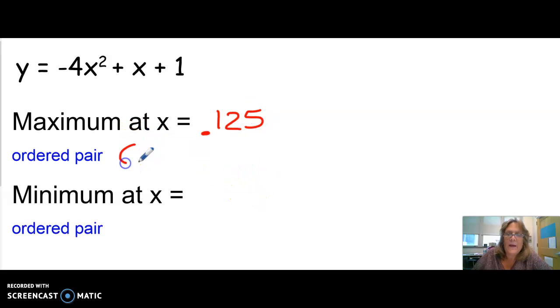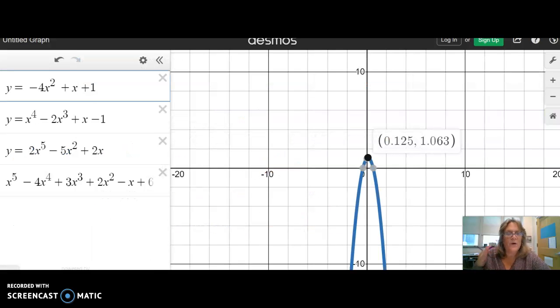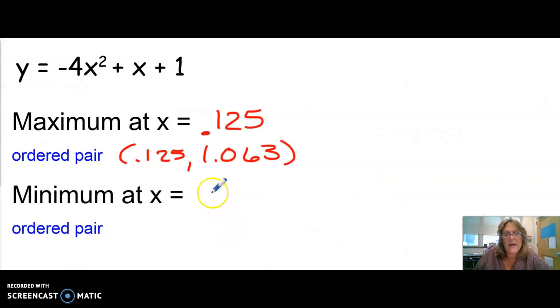Now my ordered pair would be (0.125, 1.063). When I look at this one, there is no low point on my graph where it turns and starts going back up. So there is no minimum on this one.